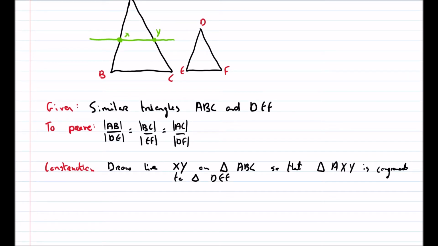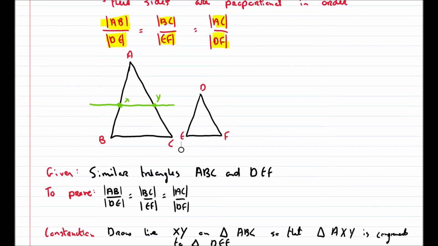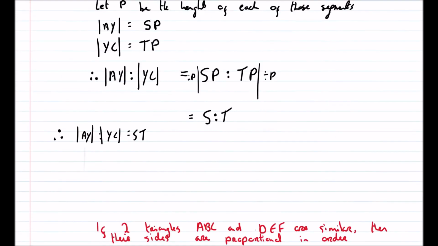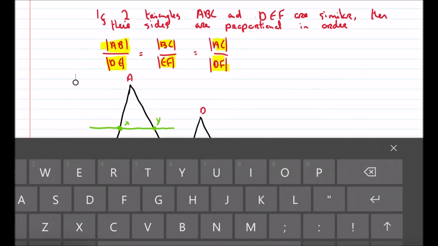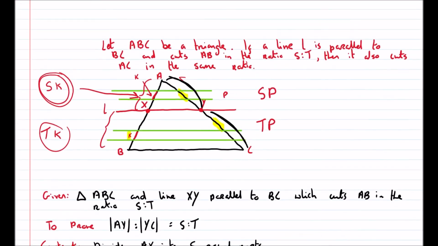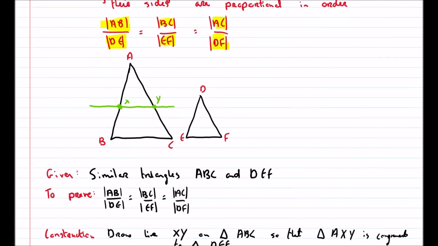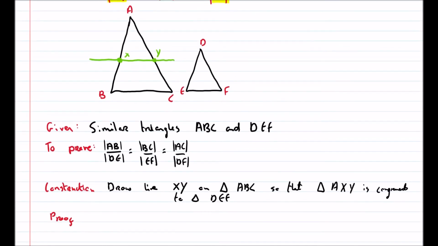So now my proof. And I'll be referring back to theorem 12, which is the one we just did previously up here, to prove this. Because if you look here, it's to do with dividing triangles into ratios. Now I can almost forget about this triangle for a second.